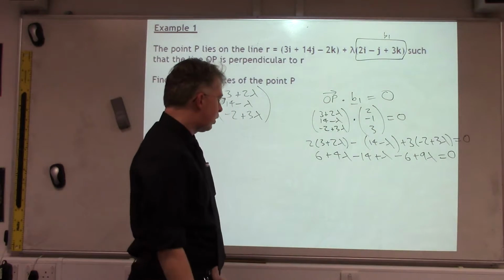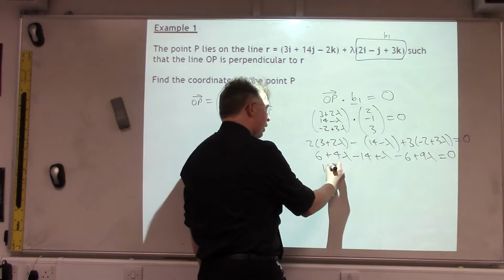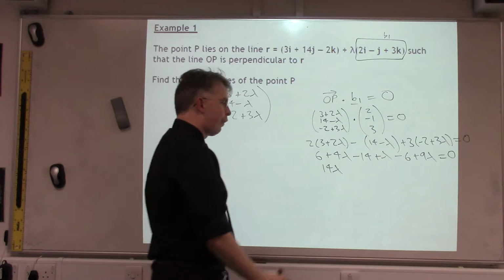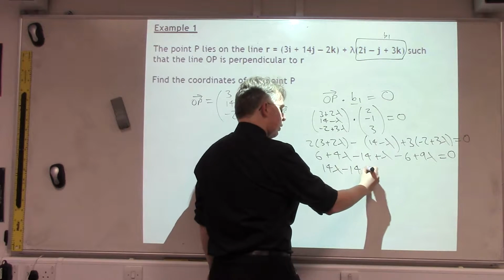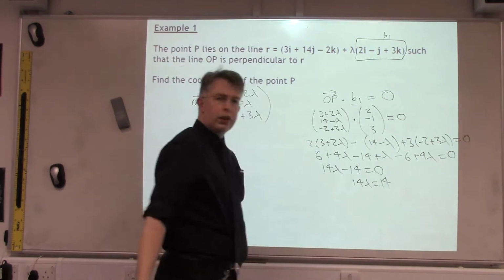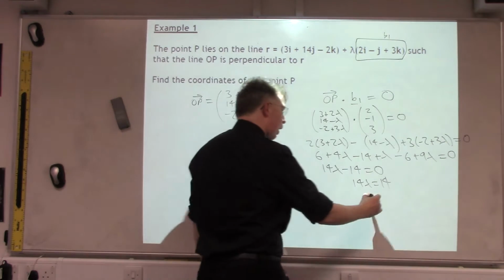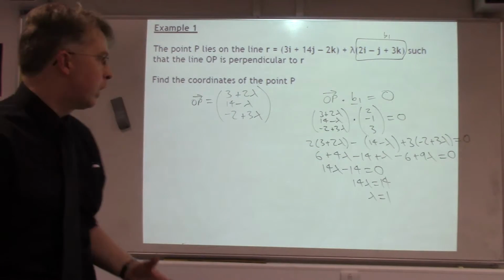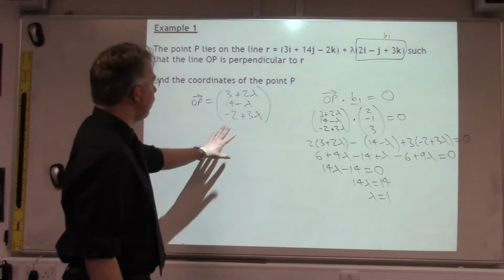Collect like terms: 14 lambda minus 14 equals 0. 14 lambda equals 14, divide both sides by 14, lambda equals 1. So we have the value of lambda.